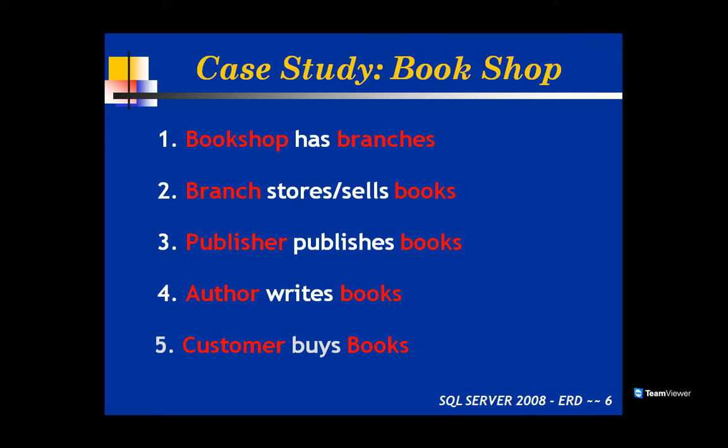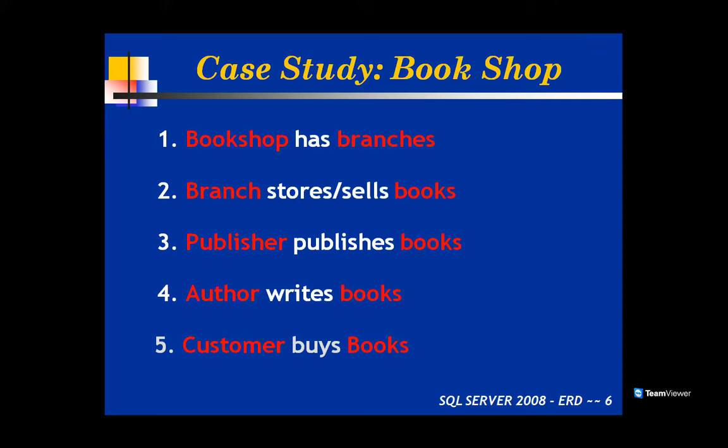So he is narrating about his bookshop. Now, as a technical guy, you should be able to capture, or automate or computerize his bookshop. So what he's telling is, I have a bookshop, the main branch is in Ameerpet, and I have lots of other branches all over Secunderabad and Hyderabad, and each branch is responsible for storing and selling books.